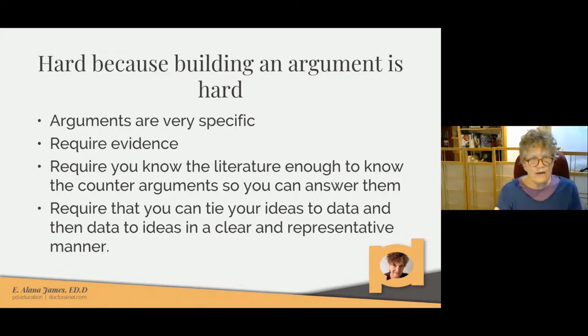So we also are required to know that literature in our field, enough to know the counter arguments. So if we're saying, I don't know what we might be saying, you're all in different fields, but we might be saying A, and A is fairly well proven, but in a scientifically oriented world, very seldom is anything agreed upon 100%.